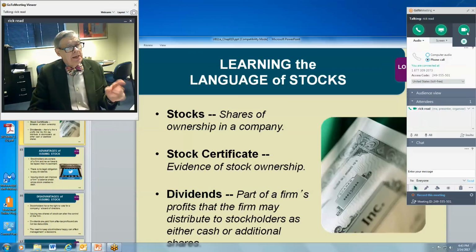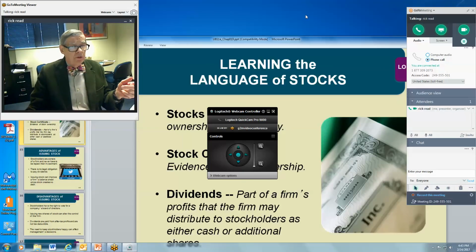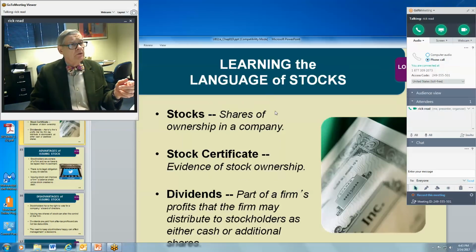Now, years ago, and not that many years ago, companies used to issue what are known as stock certificates. You got a certificate, and it usually had your name typed on it, and it said that you own X number of shares in XYZ Corporation. Companies no longer issue stock certificates.